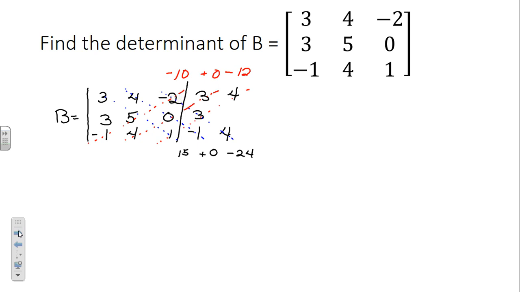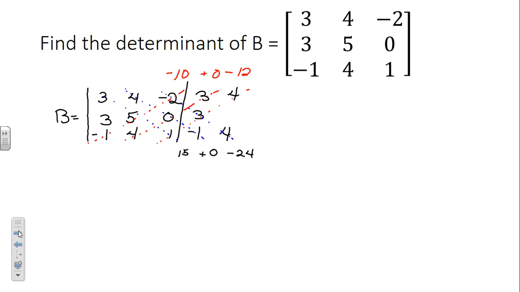But it doesn't need to be there. This one doesn't get used either direction, does it? So you just keep the matrix the same as it is, right? Recopy your two columns. If you include that or don't, it doesn't matter because you're not going to use it to multiply. Okay. So far, so good?